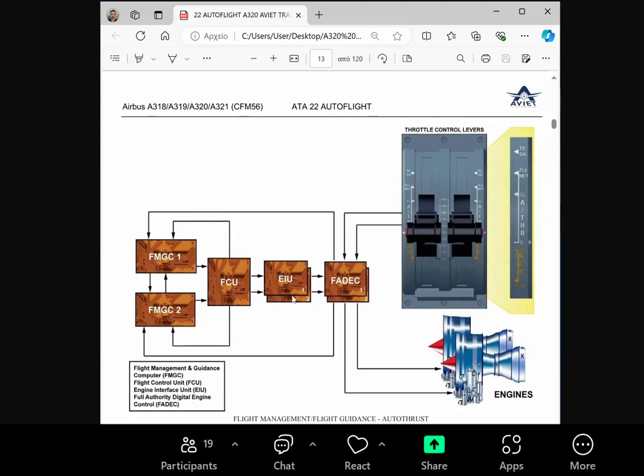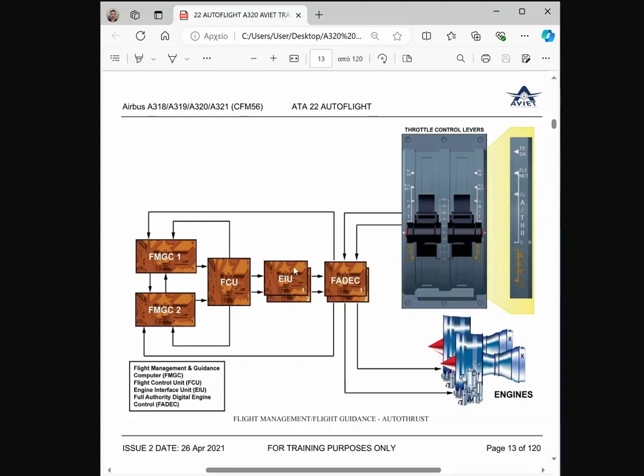Engine interface unit. Bravo. And who is the bodyguard? EIU. Bravo. So the EIU will pass the information to the FADEC, and what will the FADEC command in case it wants to increase the speed? Increase fuel flow. Bravo. Increase the fuel flow of the engine. And that's it. Simple. Keep it simple in your mind.